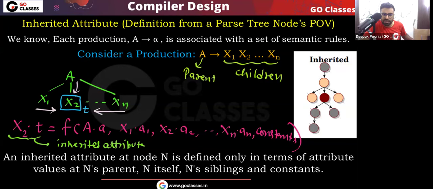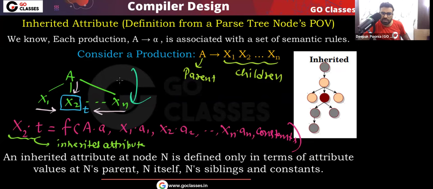So did you notice that using inherited attribute the information flows left to right, right to left, and top down, not bottom up? Do you agree with me that using inherited attribute the information flows top down from parent to child, from sibling left to right, from sibling right to left? But the information does not flow in the upward direction.